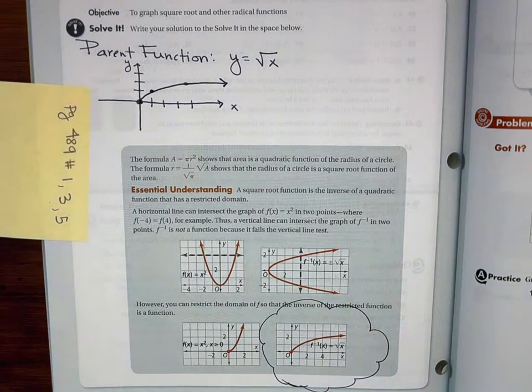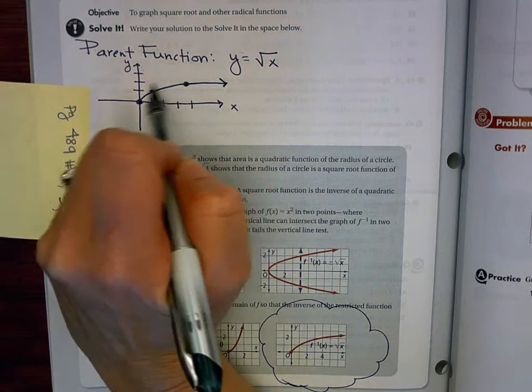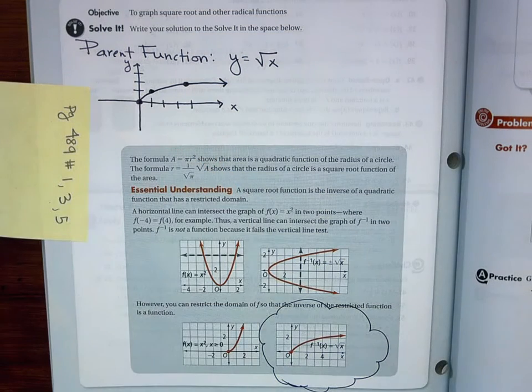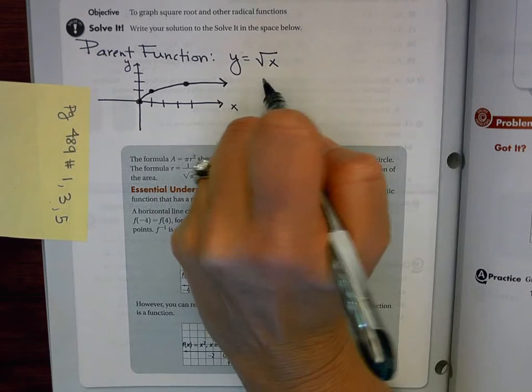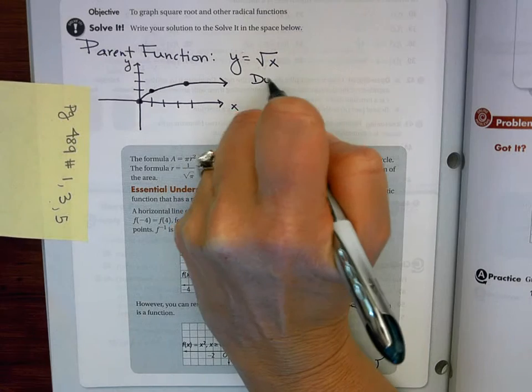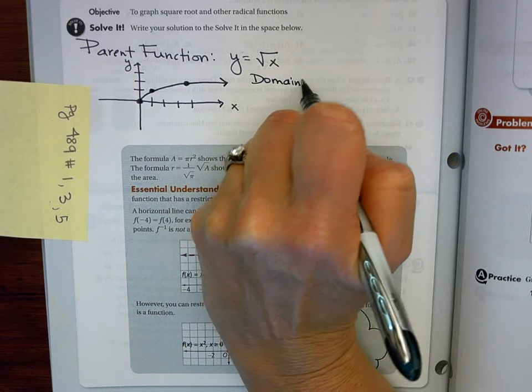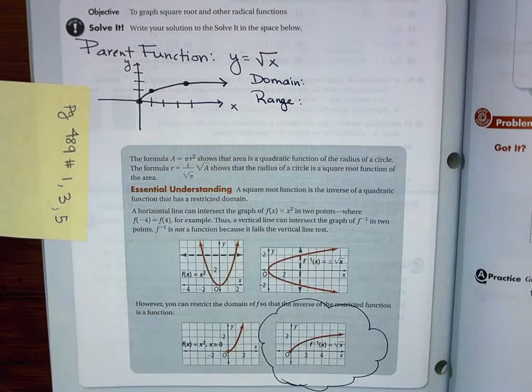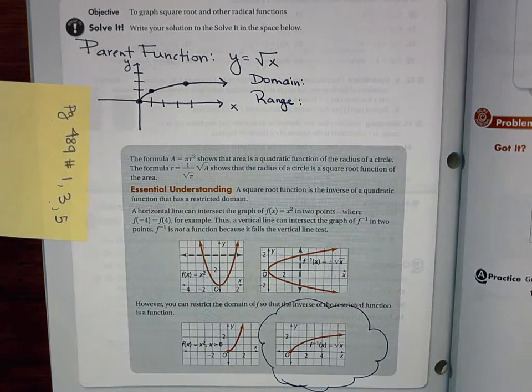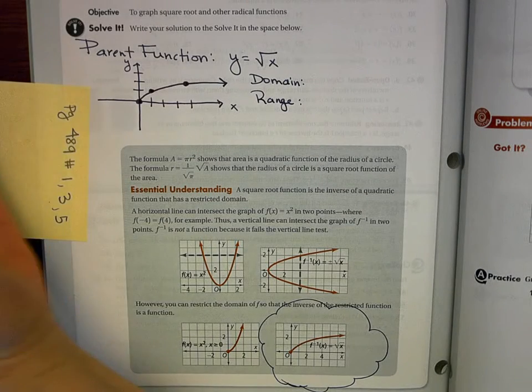So when we're graphing our graphs, we're going to want to make sure the numbers that we choose for x are going to be square root numbers. Okay? And so then now, just in general, we're going to do domain and range as well, because we're going to need to know that for the worksheet. So for domain and range, domain is the left to right. So how far left does the graph go?